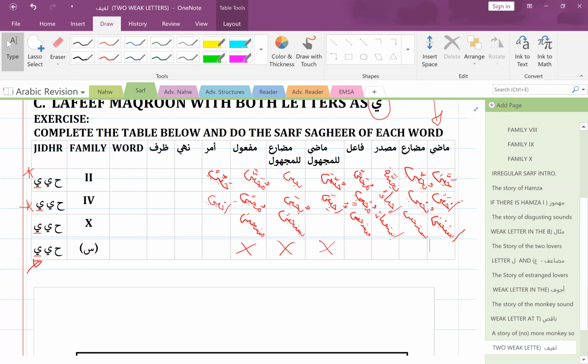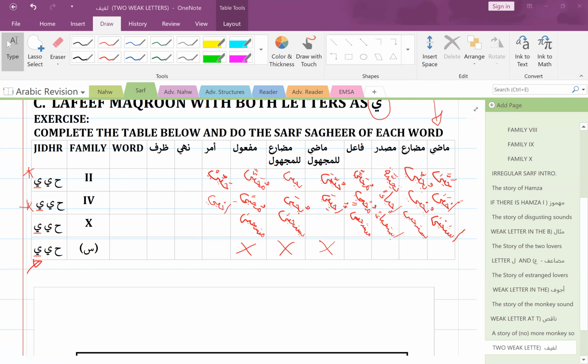Huya yuhayyu. The majhul doesn't exist for this verb because it's lazim, so that's why I put XX here, and you're going to skip that.